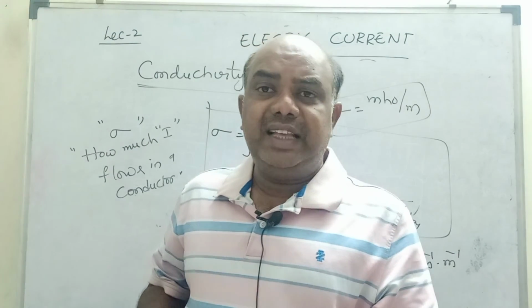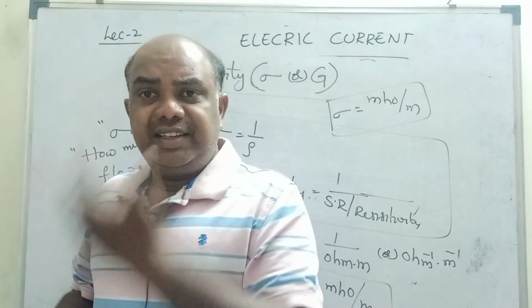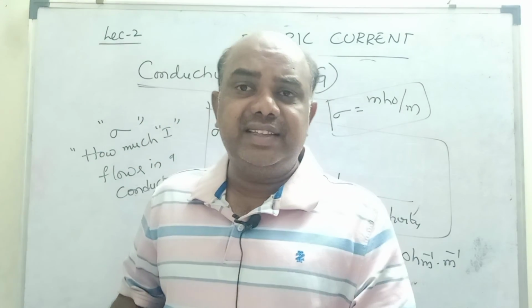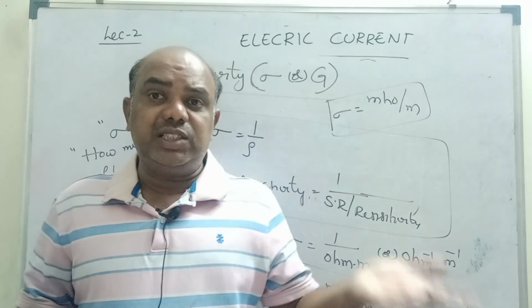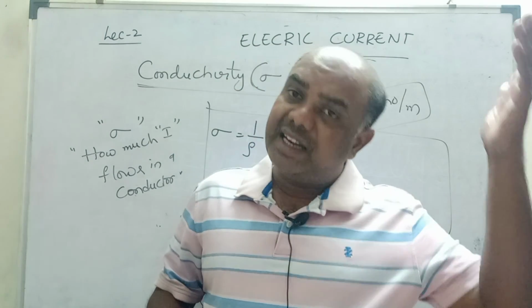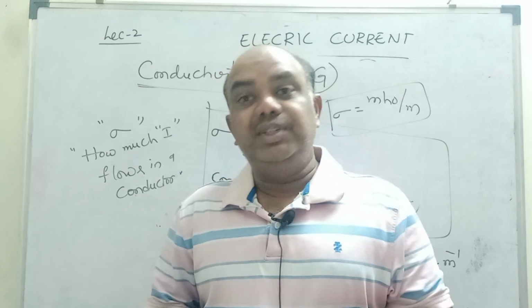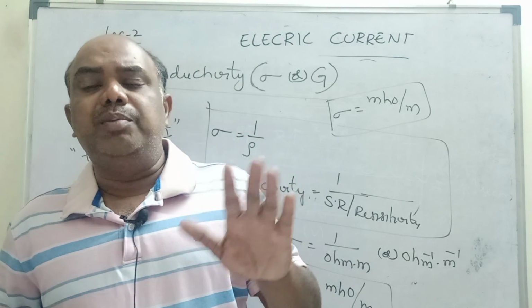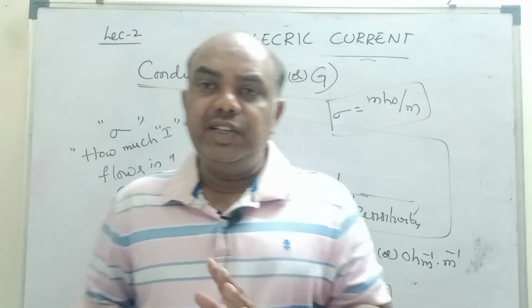If resistivity is less, resistance will be less, at room temperature. If temperature increases, resistance increases, resistivity increases, and conductivity decreases. These are all directly proportional, while conductivity is inversely proportional. So remember all these topics, children.